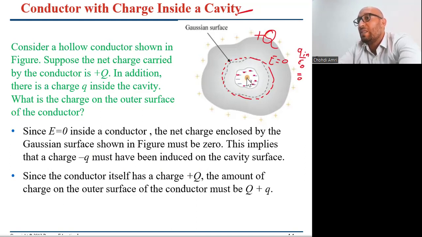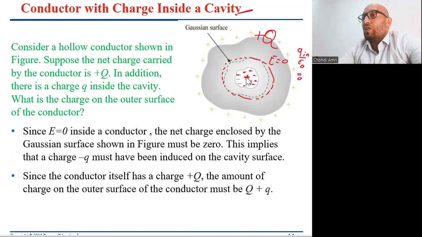Why? To cancel this inserted positive charge. We have a positive charge inside the cavity, so there must be a negative charge to cancel it, because the electric field inside the conductor in electrostatic equilibrium is zero.